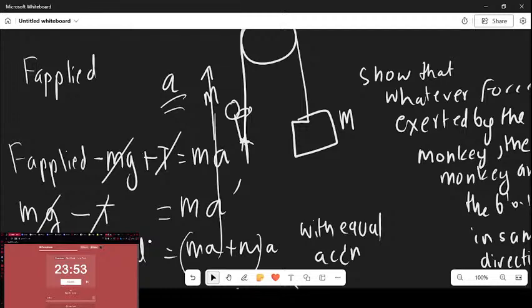I need to consider pseudo force ma. Since the string is also going to move, it's pushing the string downward. Okay, if it's pushing the string downward, then this should move upward. I need to prove that.